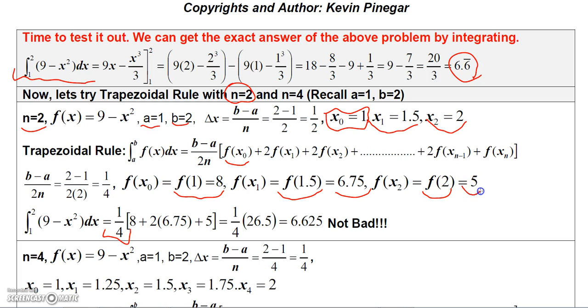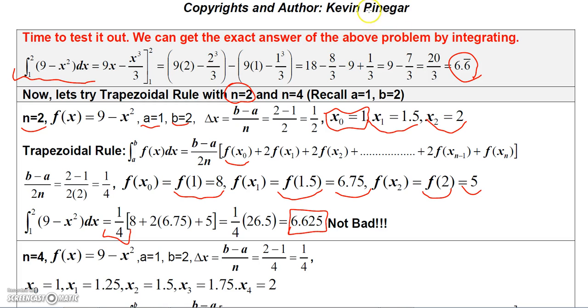So now, using this formula, it's going to be f of x0 plus 2 times f of x1, and then plus f of x2, because x2 is my last point. I sum all of that, multiply it by 1/4, and I get 6.625. Now remember, the exact value is 6 2/3. So that's not too bad.